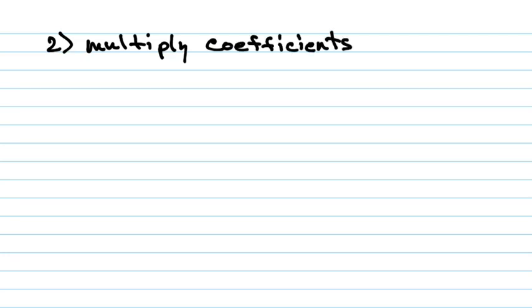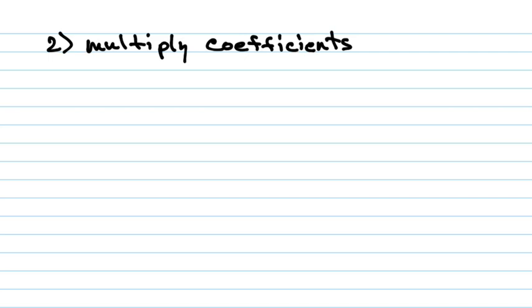Second step is to simply multiply the coefficients. Now, yesterday we talked about the idea of like terms, but that's only when you combine. But when you're multiplying, you can multiply anything together.